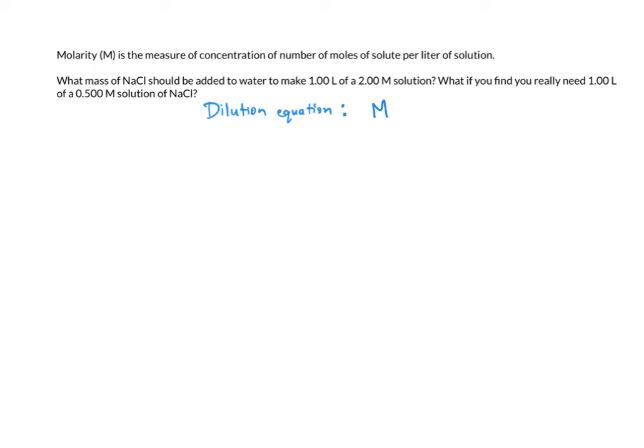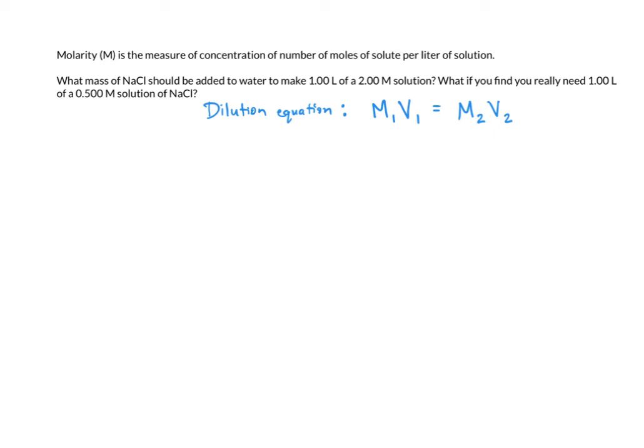Then the concentration of our original solution, M1, multiplied by the volume of that original solution, V1, gives us the number of moles of sodium chloride or solute that were present. Because that's constant, no matter what we do to our sodium chloride in terms of adding water or solvent, the number of moles of sodium chloride remains the same. So that means at a new set of conditions, like a new concentration and a new volume, M2 and V2 respectively, we can expect the same total number of moles.